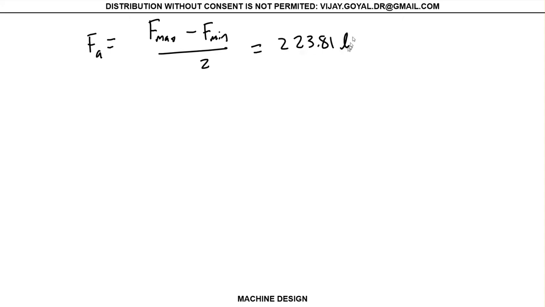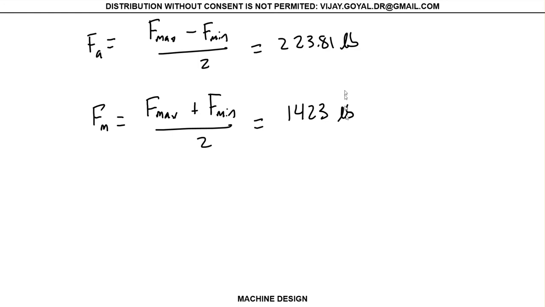Next, I want to find the alternating loads. So F_A is equal to F max minus F minimum, divided by 2, and you will get this as 223.81 pounds. And then your F mean will be F max plus F minimum divided by 2, which gives you 1423 pounds.